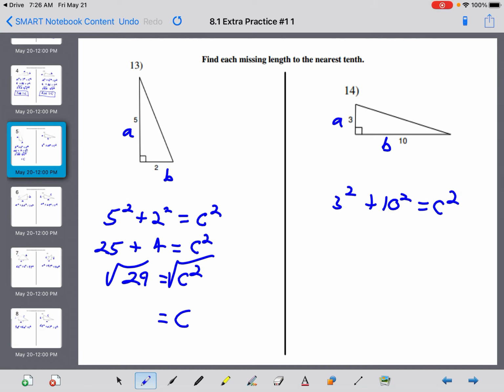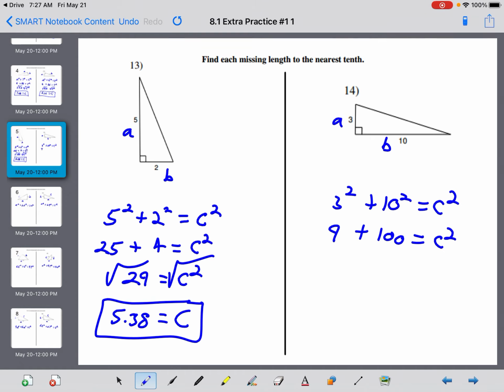And the square root of 29 is 5.38. 3 squared is 9, 10 squared is 100, which makes 109. And the square root of 109 is 10.44.